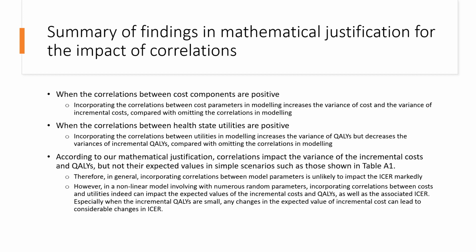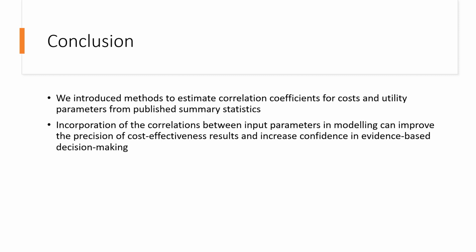However, in a nonlinear model involving numerous random parameters, incorporating correlations between costs and utilities indeed can impact the expected values of the incremental costs and QALY, as well as the associated ICER. Especially when the incremental QALY are small, any changes in the expected value of incremental cost can lead to considerable changes in ICER.